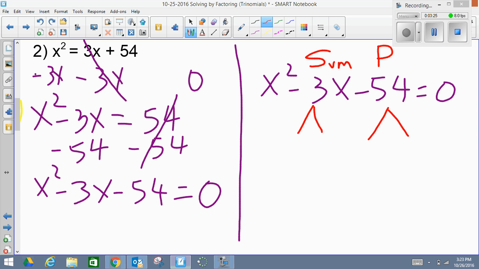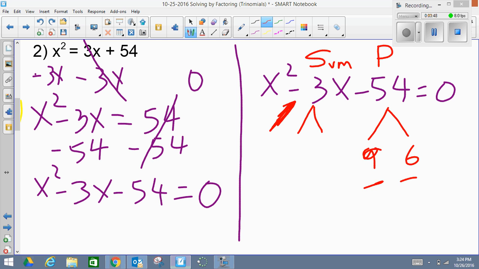I'll give you 10 minutes to think about it. There you go, over. So my numbers are 9 and 6. But the product is a negative number, so that means one of my two numbers has to be negative. How do I know? Either you try them both, or you just look at the sum.